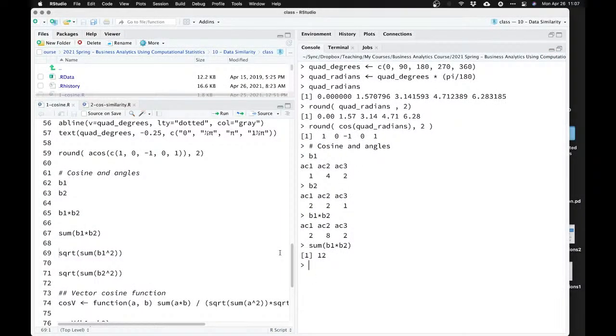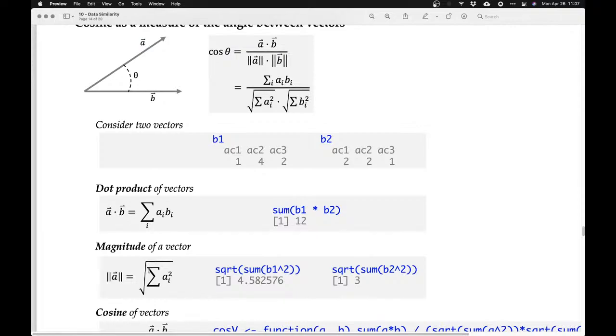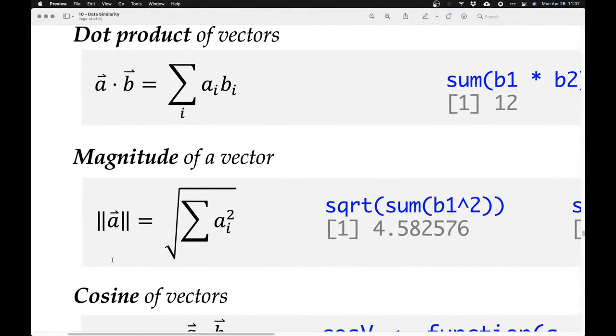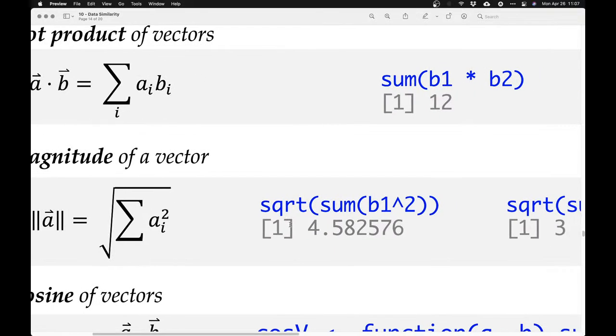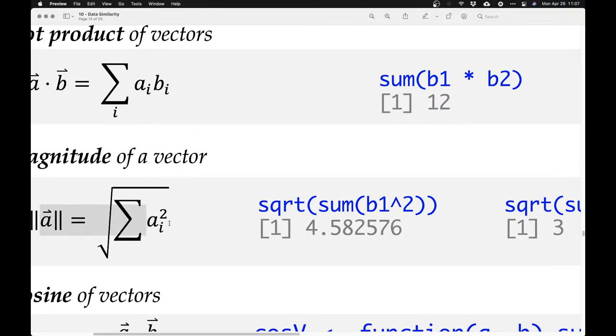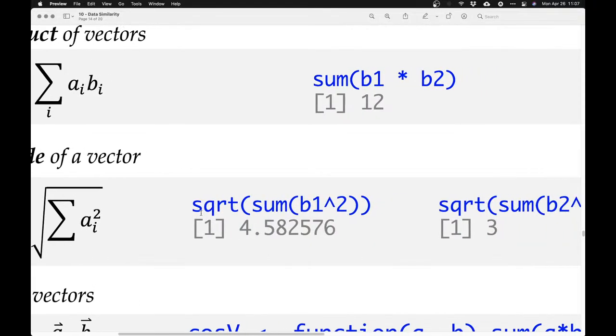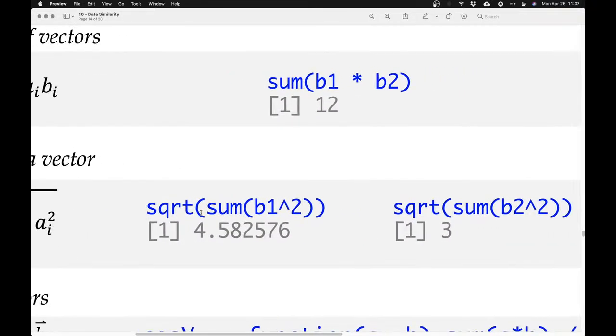So we write magnitude like this, with two pipe symbols on either side of the vector. And the formula for magnitude, to compute the length of a vector, is simply each component of the vector squared, summed, and the whole sum square rooted. Okay, so how does that work?